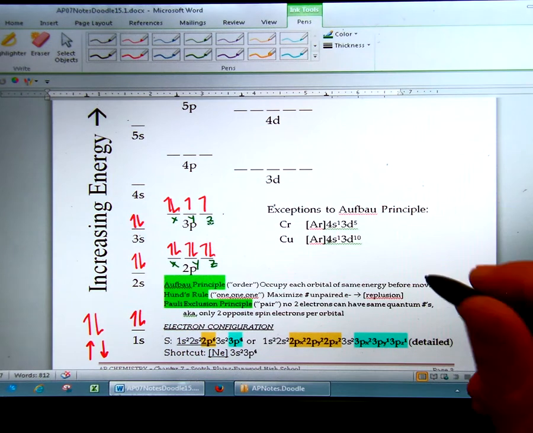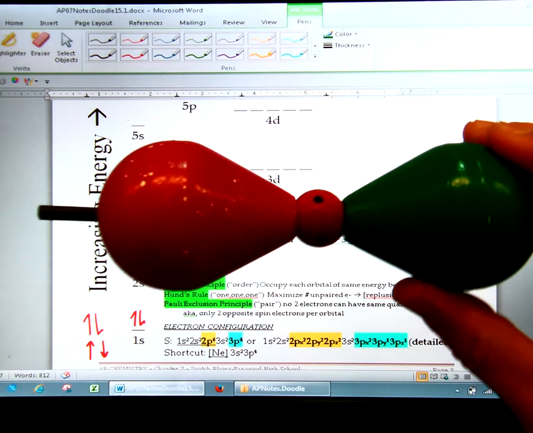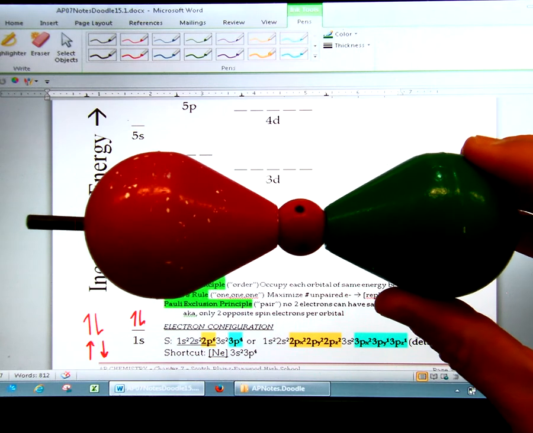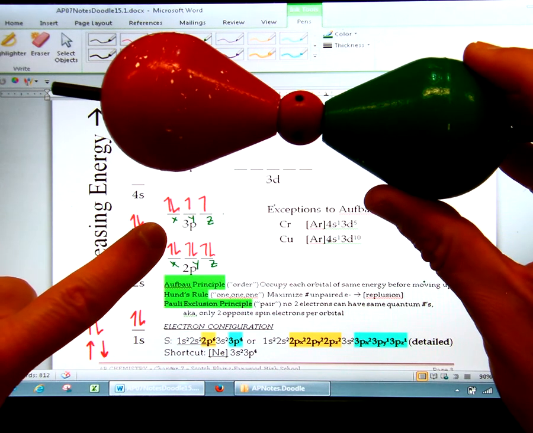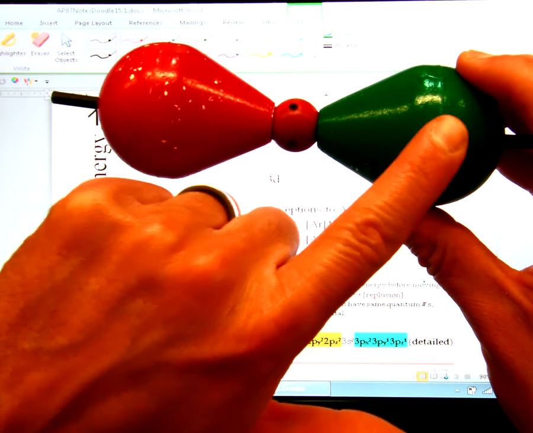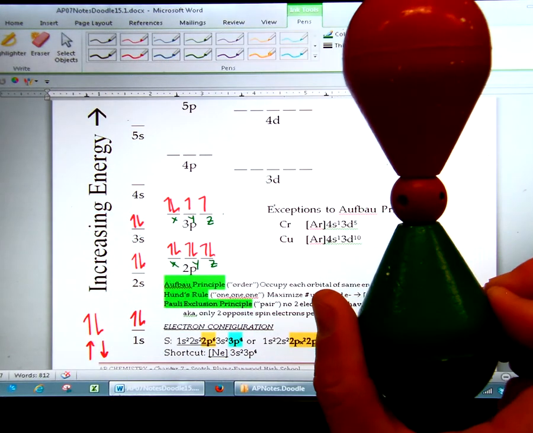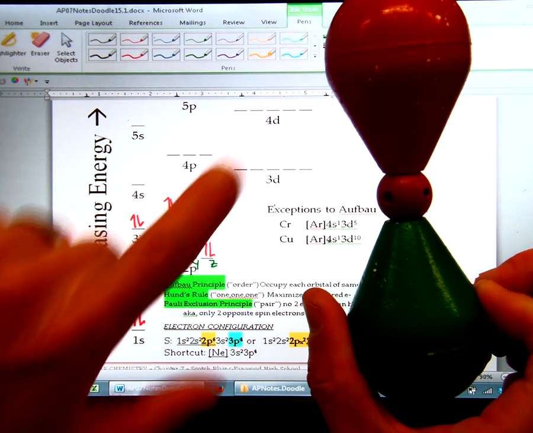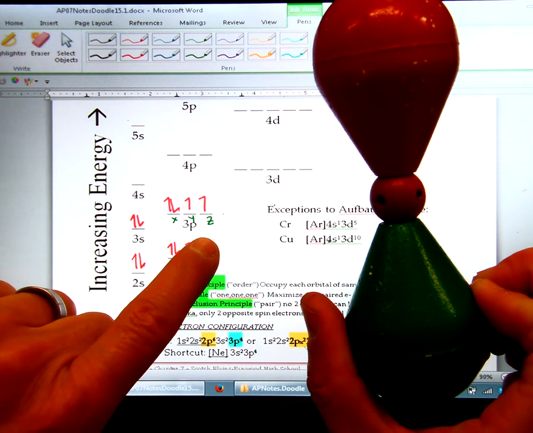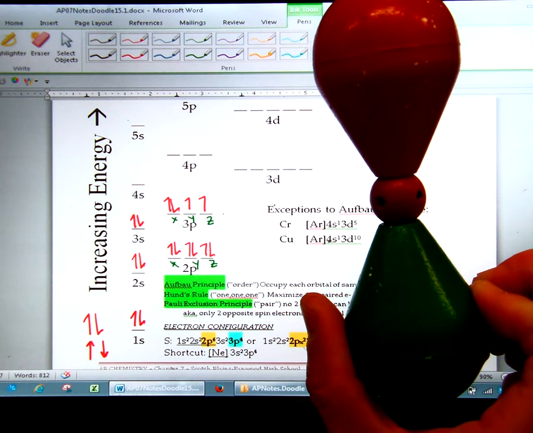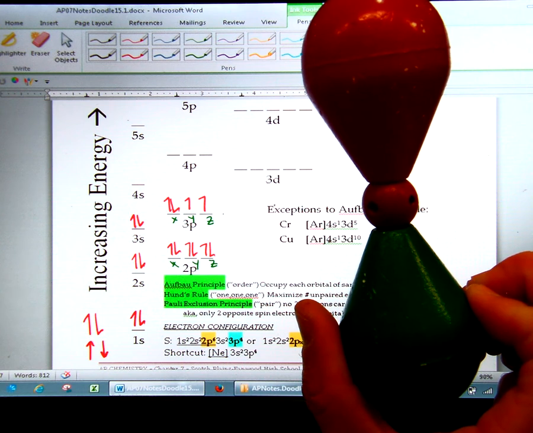So that's also going to be one of these, but a bigger size than this. And then in the X, you can see on my drawing here, I have 2 in the X. So I'm going to have 1 here, 1 here. And then in the Y, I'm only going to have 1 electron. So let's say over here. And then the Z is also going to have just 1. So again, over there. So that's what it kind of looks like.